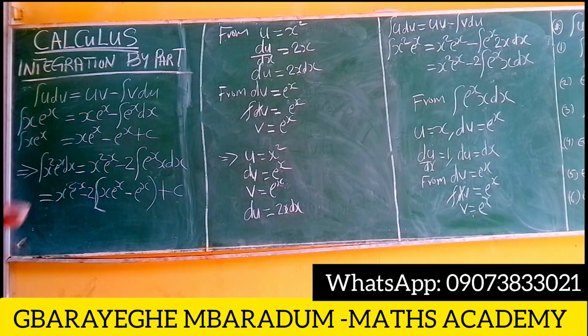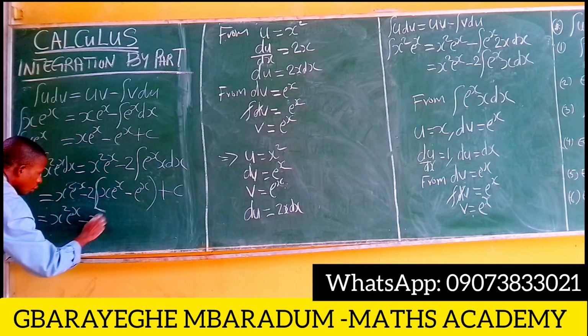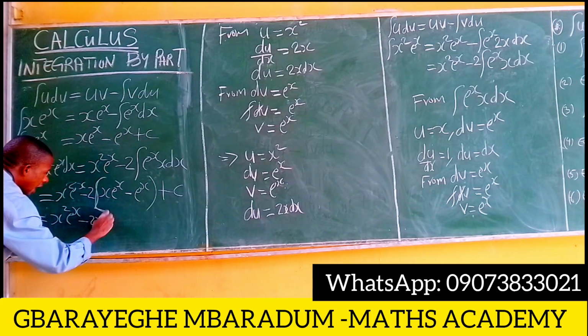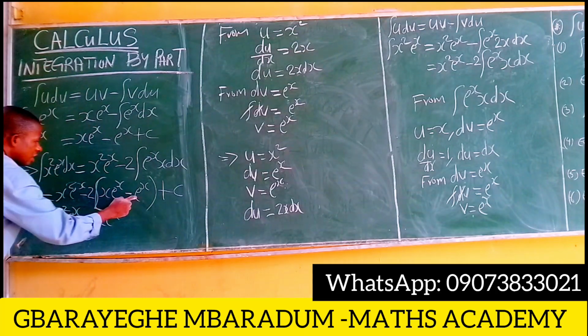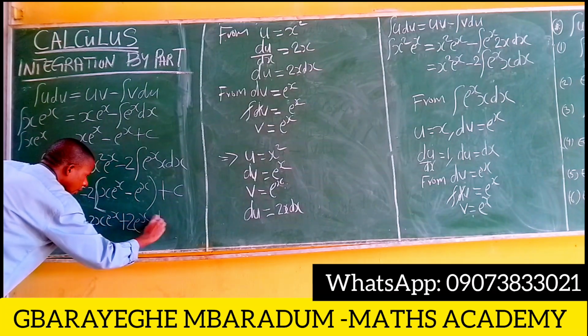So our final answer becomes, if you look at this, we have something in common. Exponential x is common. So we have x squared exponential x. If you multiply the minus 2 with everything in the bracket, you will have minus 2 times x exponential x, and minus 2 times minus exponential x equals plus 2 exponential x, plus c.